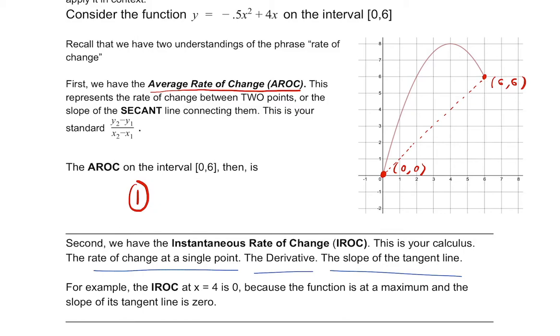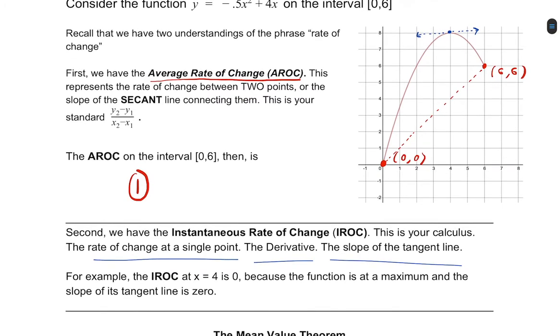And so, for example, the slope of the tangent line, the instantaneous rate of change at x equals 4 is 0, because if I drew a tangent line there, that one's kind of upward sloping, but you get the idea. The slope of that tangent line would be 0, because if you imagine it's like a ball going up and down, the ball has hit its peak height, it's neither going up nor down, it is stationary for one instant in time, the slope is 0.